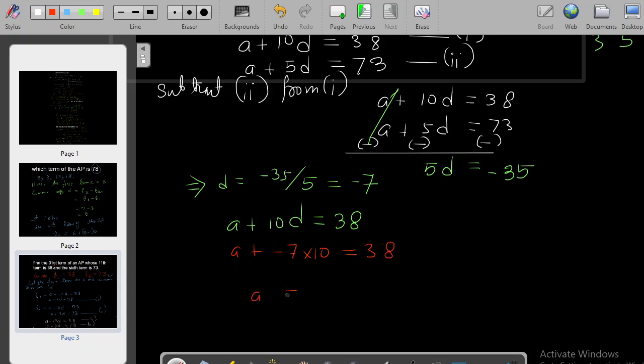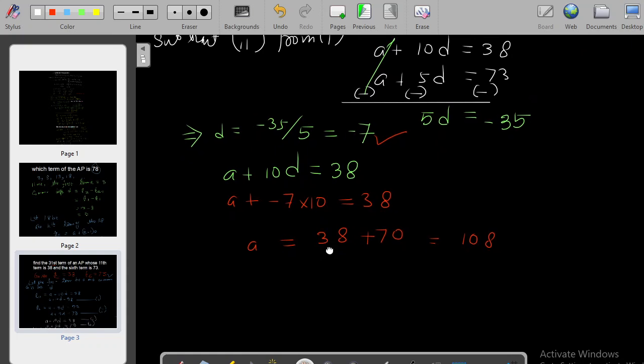This gives A equals 38 plus 70, that is 108. So we have now found the first term, which is 108, and D was minus 7. Now we have found whatever we require to find the 31st term. Now we find that out. How?